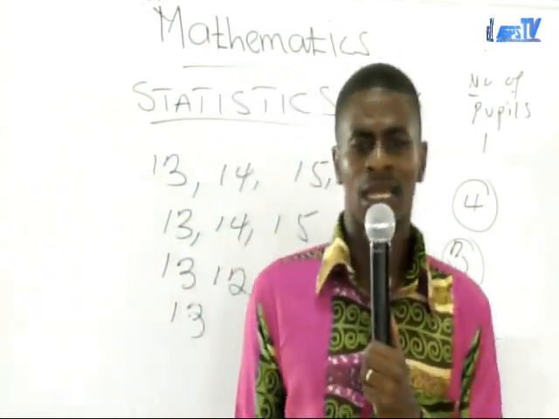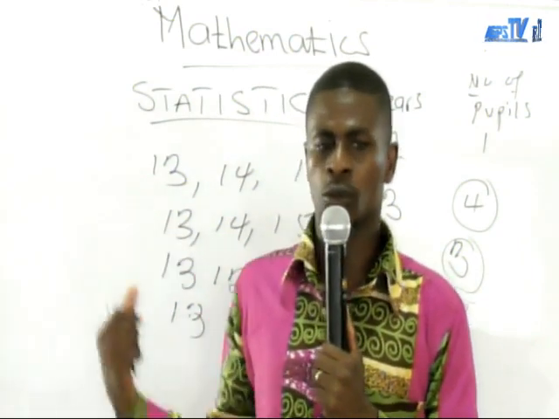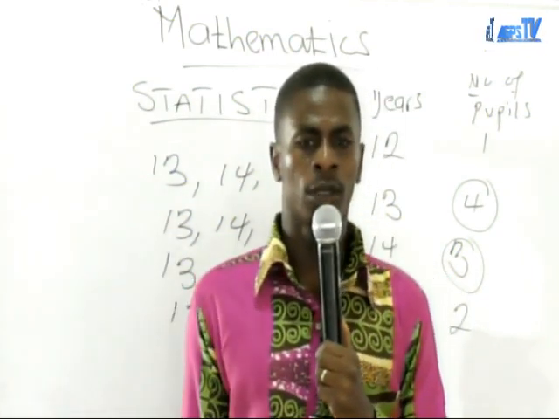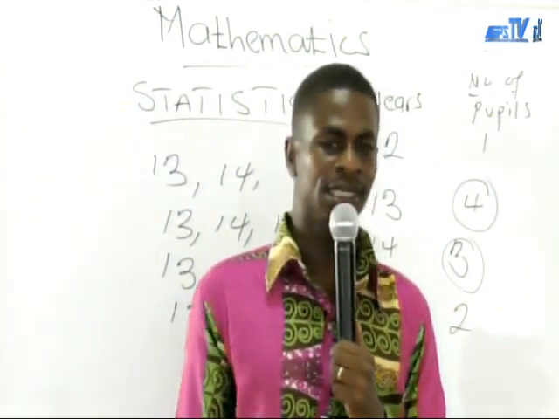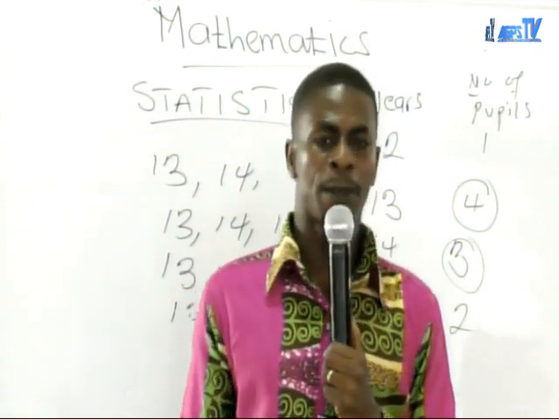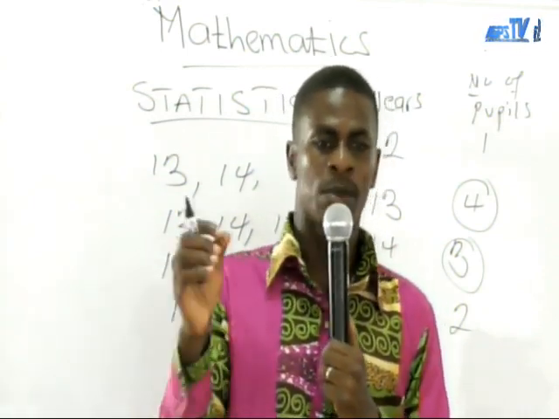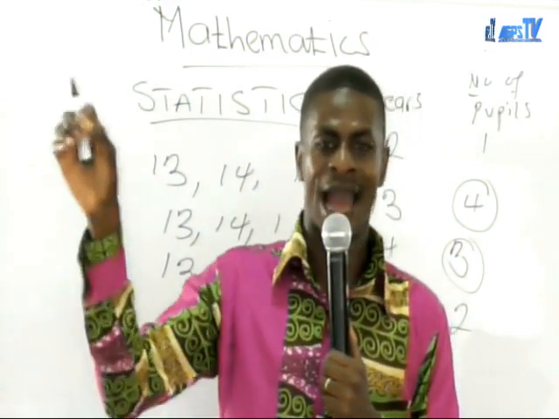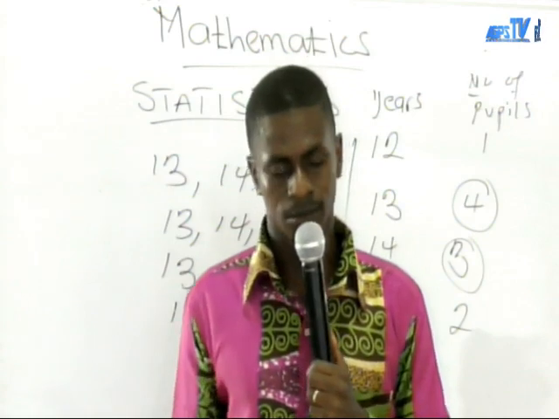Again, if I go back to the age analogy, how many people are 15 years old in my class? How many people are 14 years old in my class? How many people are 10 years old in my class? And the number of ages I am going to have for each group or item is what we are referring to as statistics.